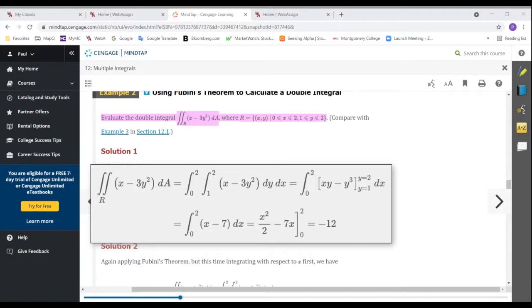The answer is going to be negative 12, but I think what I'll do is go to the whiteboard and do it out in a little more detail, since it's your first double integral. So let's confirm this answer on the whiteboard from example 2. Negative 12. So let's go back to the whiteboard.